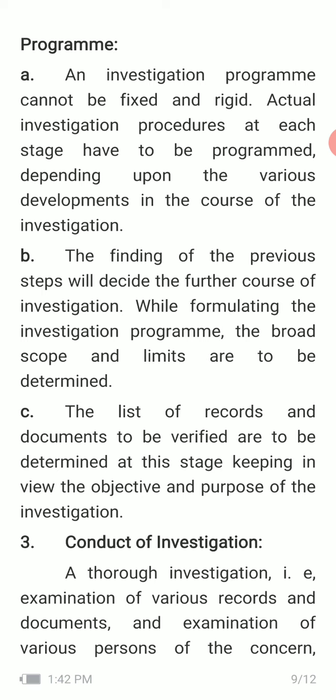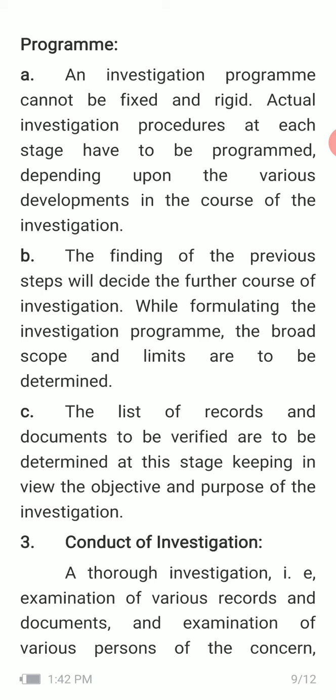So he has to check how many books he has to investigate and what the limits are. Everything he has to plan in advance. Then the list of records and documents to be verified is to be determined at this stage, keeping in view the objectives and purpose of the investigation.